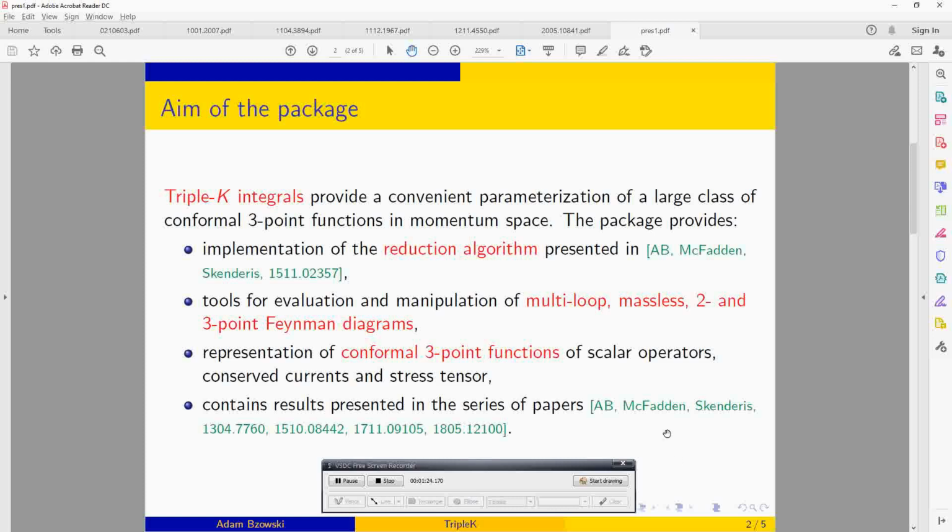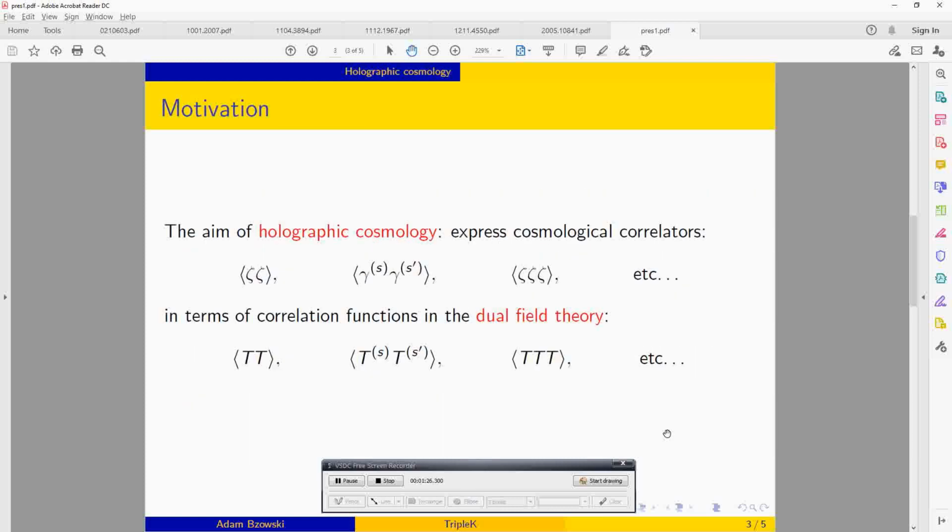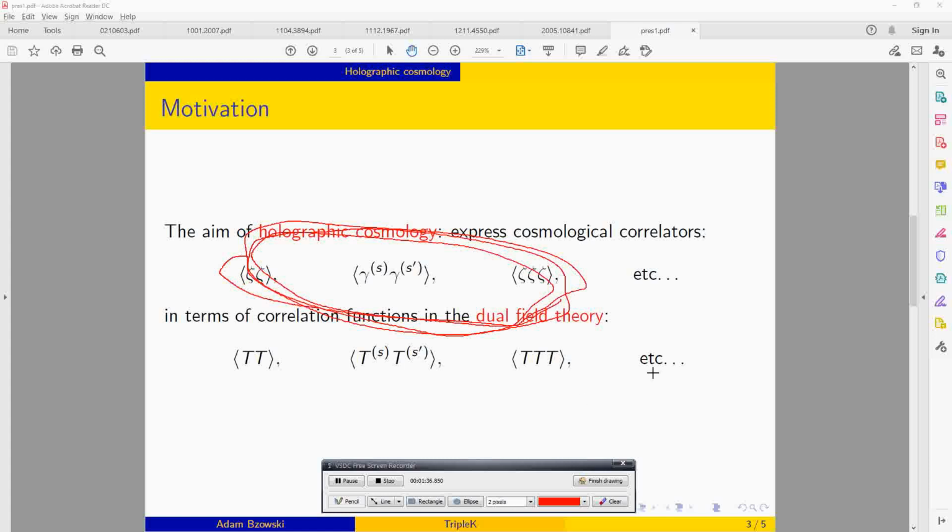Why is it convenient for cosmology? Well, this is because in holographic cosmology, we would like to calculate holographic correlation functions, something like this, and using some sort of dS/CFT or AdS/CFT, we relate these correlators to correlation functions in the dual field theory.